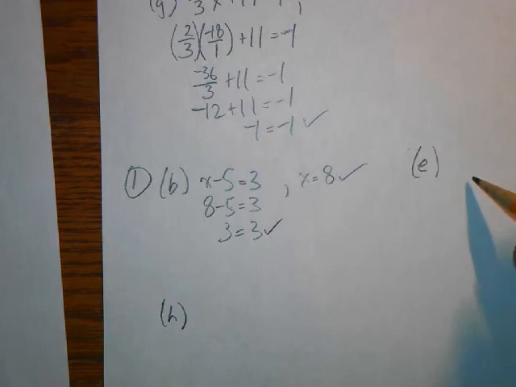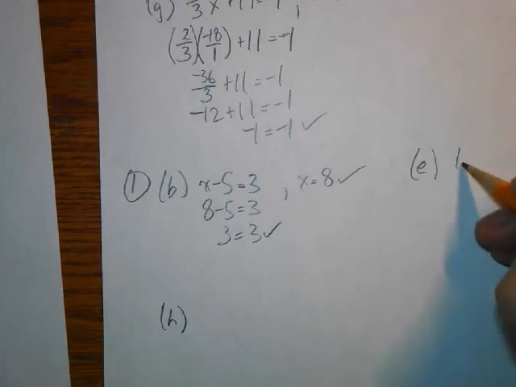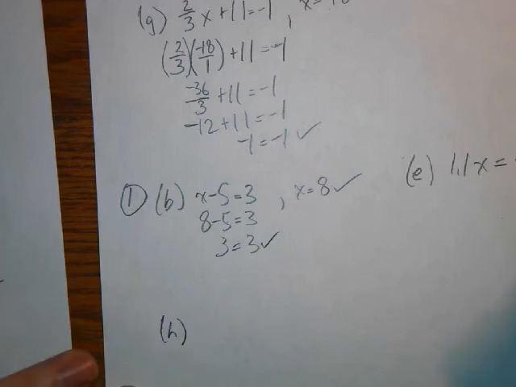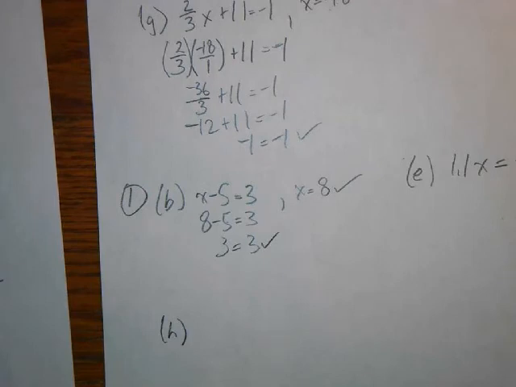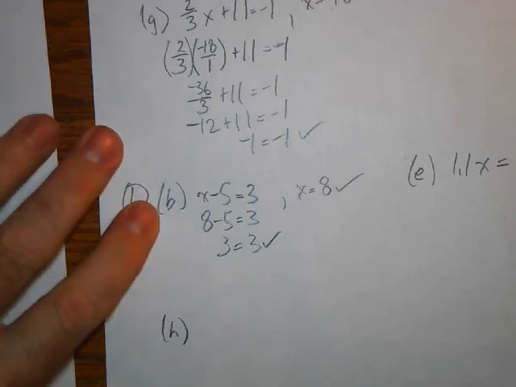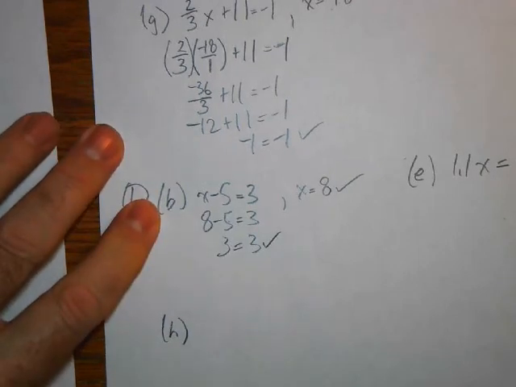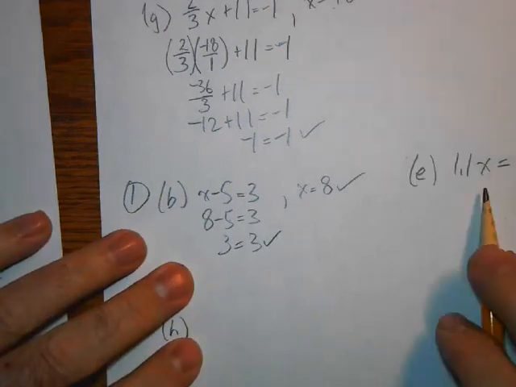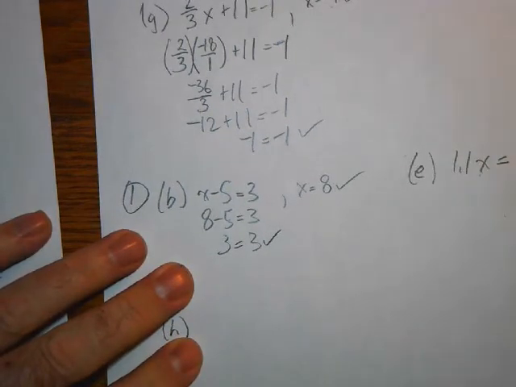Okay, E was 1.1x equals -22, and our answer was x equals -20. Okay, so let's replace the x with -20.